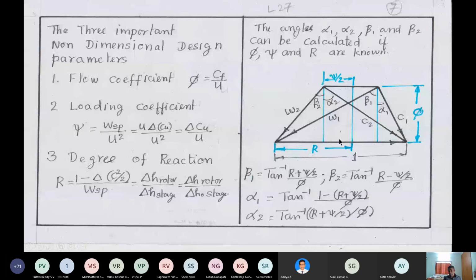So tan inverse of 1 minus R plus psi by 2 divided by phi. Then tan alpha 2, if we take, that is actually from this point to the end divided by phi. So this point up to the end is R up to this plus psi by 2. That means up to this point you get.